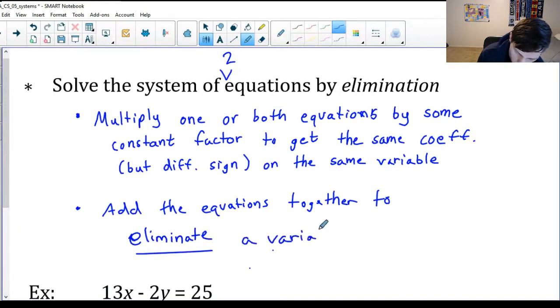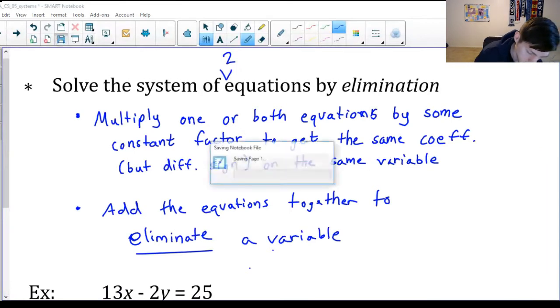And again, that's kind of the whole point. That's why we call it elimination. It's similar to substitution where after we do our steps, suddenly we have an equation that just has one variable in it instead of two variables.